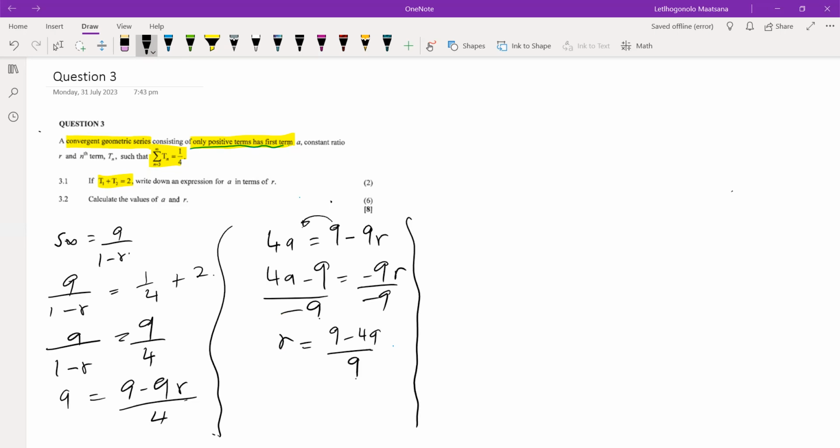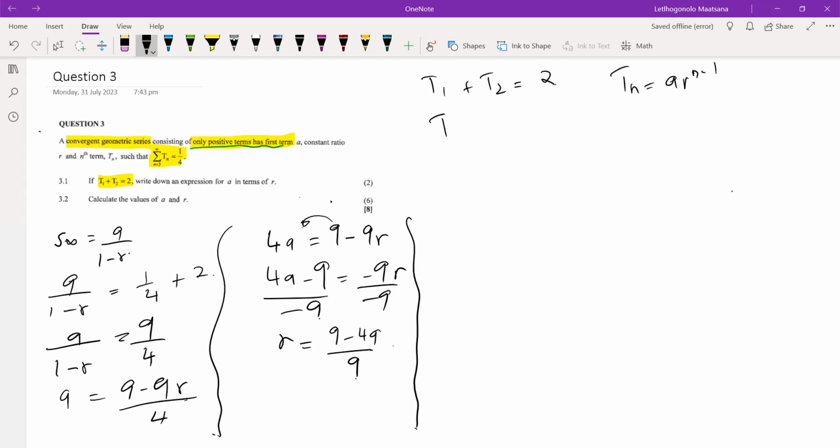Right. Now that we have written it with regards to R, we're going to go back to the information given to us in 3.1 that tells us that T1 plus T2 is equal to 2. Now the general term for this series is given by that.